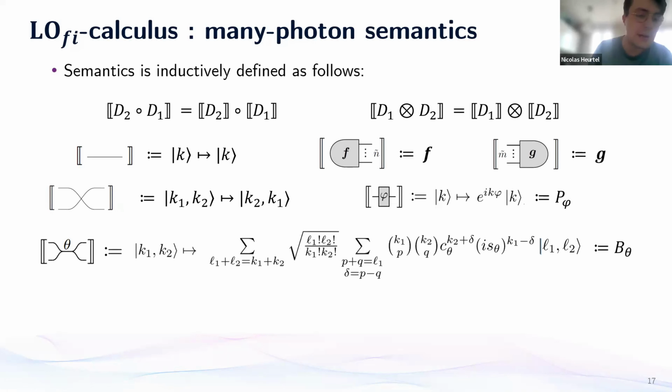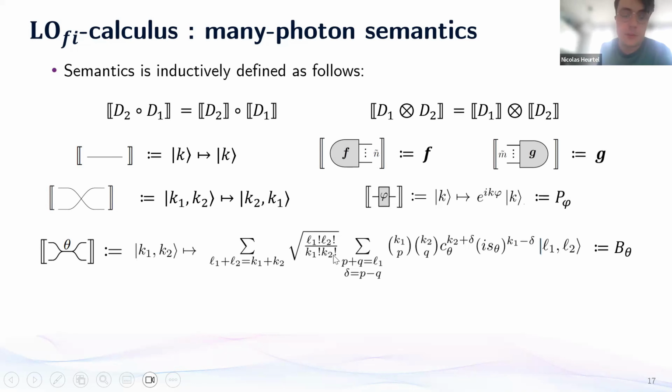When there are K1 and K2 photons, the number of photons is preserved. So you still have a sum over L1 plus L2 equals K1 plus K2. But the coefficients behind that are kind of combinatorial. Imagine photons bunching. There is some kind of binomial intuition, but in the end, it's not that easy to represent.